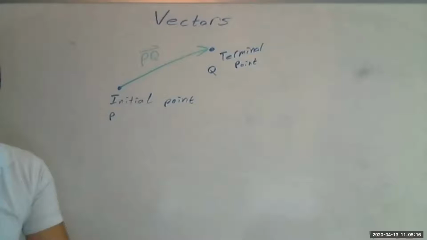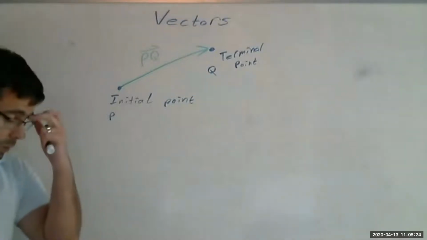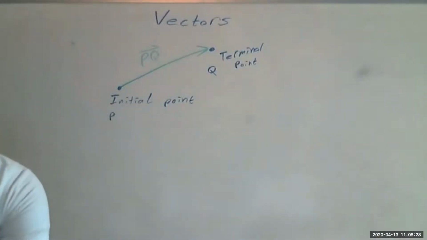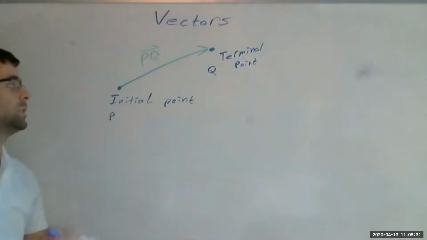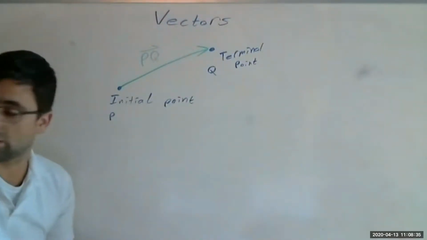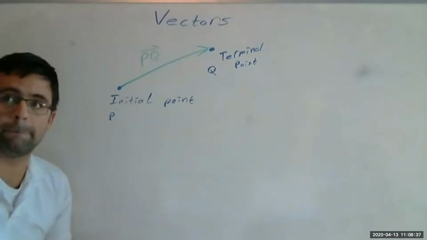So we need to be able to compare and contrast vectors. So, like I said, we need to figure out what qualities make a vector. One of those qualities that we talked about was the length of this line.